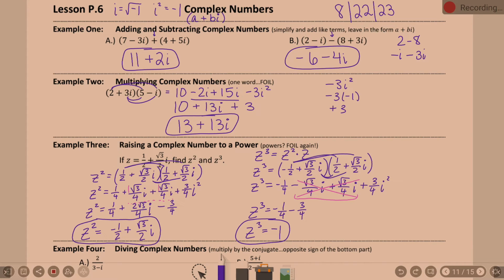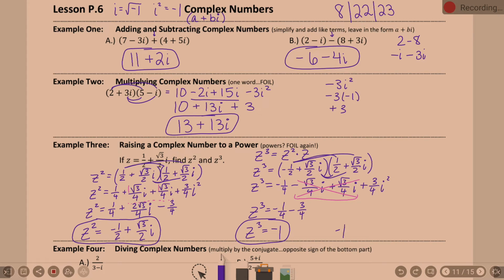Now, as I turn and look at my notes, if you see specifically in the directions to write your answer in the form of a complex number, remember a complex number is the form a plus bi. All of our other answers up until now have been a real term plus an i term, yes? a plus bi, a plus bi. How could I write this one as a plus bi?